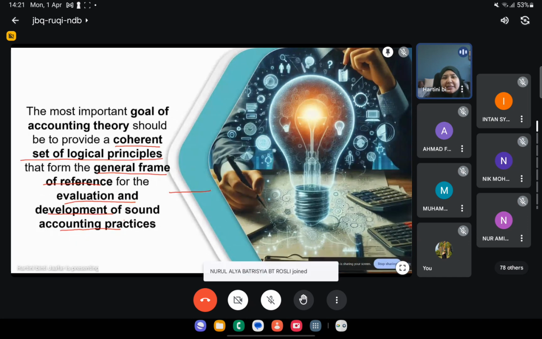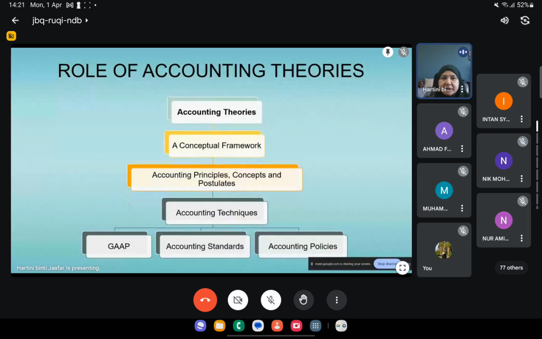Our accounting standards are also always changing. So because of the use of the theory to help explain and refine the accounting practice that we have. In the future, because of the complexity of the business environment, with the full use of AI, for example, in our daily lives, maybe we will have some accounting standards catering for the use of AI. Who knows. So that is the use of the theory.